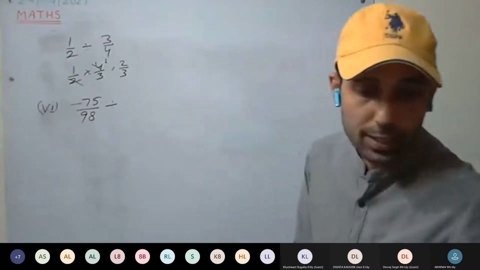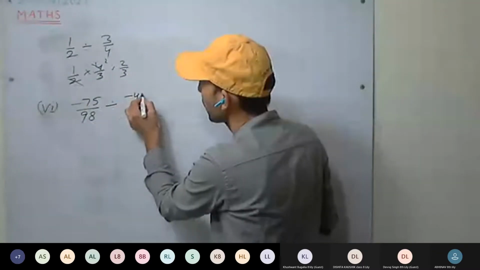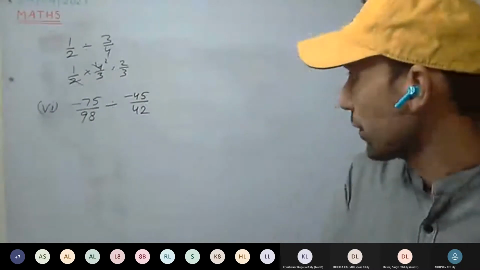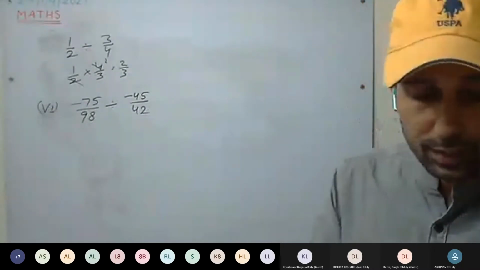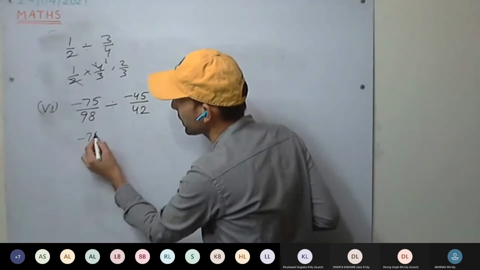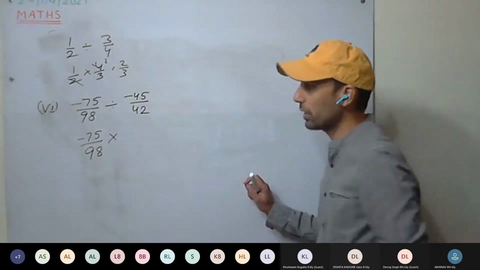Everyone do the sixth one. Minus 75 upon 98 divided by minus 45 upon 42. So minus 75 upon 98 into, take the reciprocal of this one.